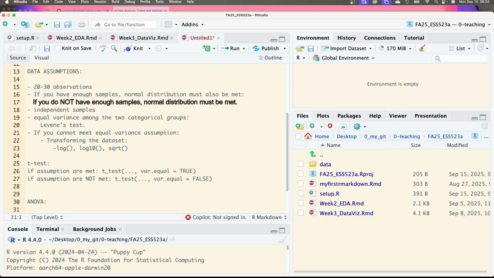So with ANOVA, we also have these two sister functions that we can use if we do or do not have those data assumptions being met. For ANOVA, you use the ANOVA test function if they are being met.